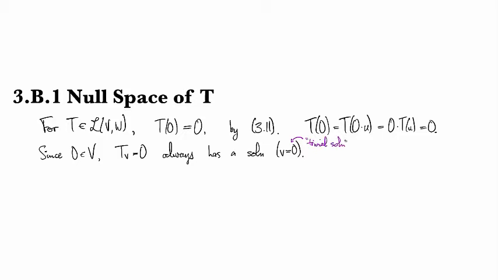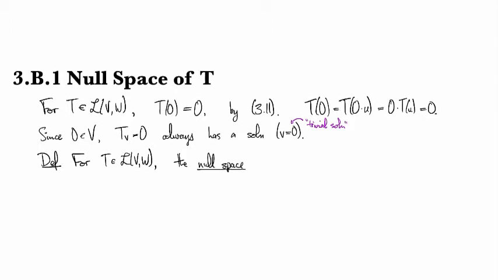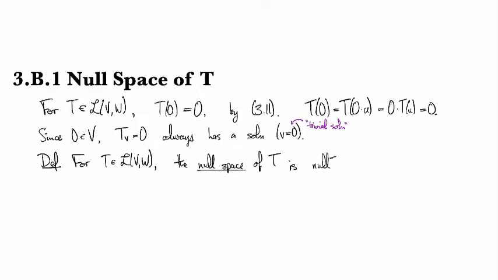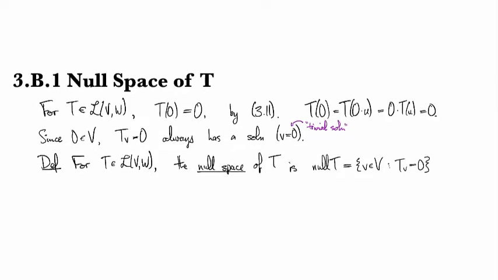It turns out to be a very interesting question to ask about whether or not the trivial solution is the only solution. And so we have a definition to formalize this. We say the null space of a linear transformation T is the set null T, defined by being all elements of V that T sends to 0.